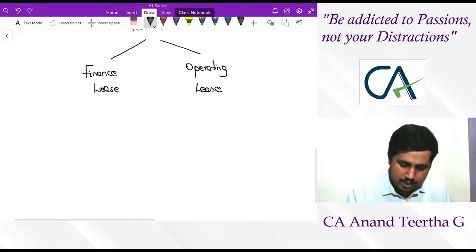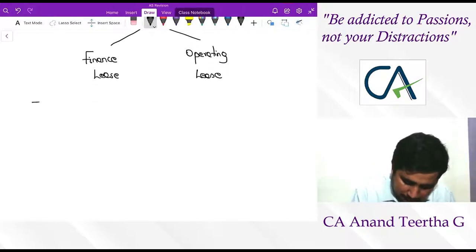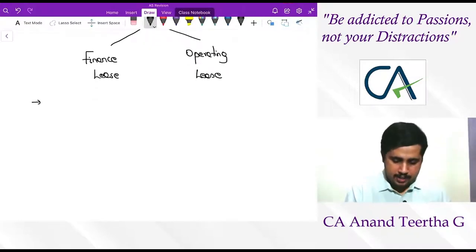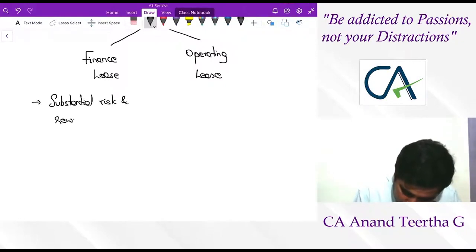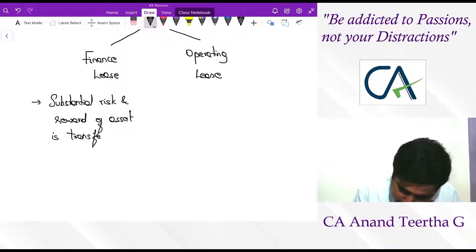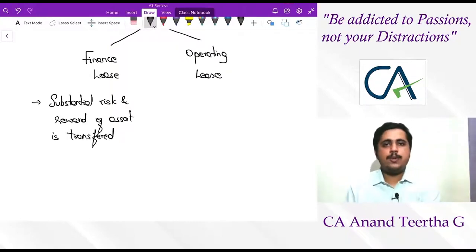The first thing I need to know is, what do we mean by finance lease? Finance lease basically means, in this lease, substantial risk and reward of the asset is transferred. So lessor is not just giving the asset to lessee.